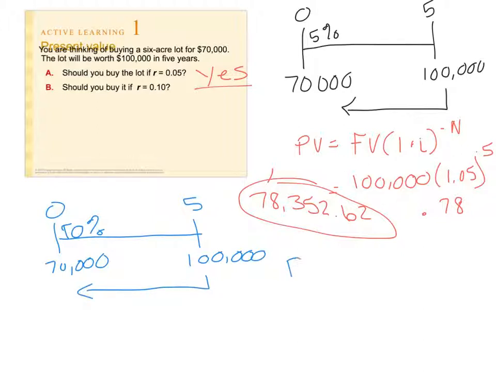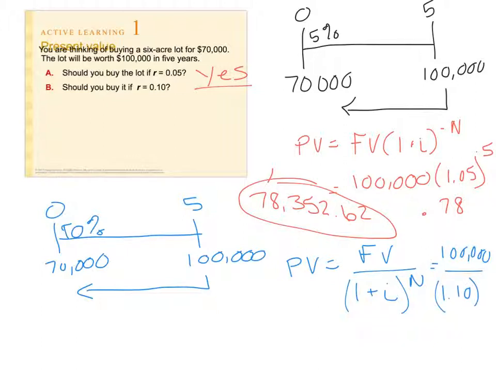I'm going to say my present value is equal to my future value over 1 plus the interest rate to the nth power. When I do that, I end up with 100,000 over 1.10 to the fifth power. So 1.10, y to the x, 5, gives me 1.61.